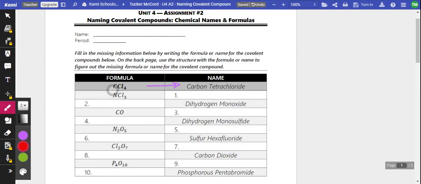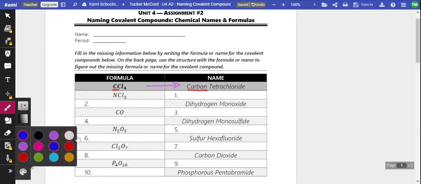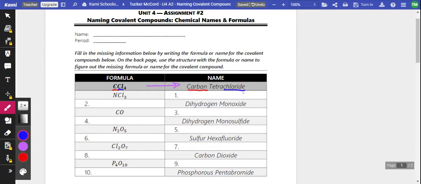We've got our elements listed left to right. So carbon comes first, chlorine comes second. So the roots of this are the same as with ionic naming. We start with the first element rather than cation. So carbon stays carbon. The second element, in this case chlorine, becomes, with an IDE ending, chloride.